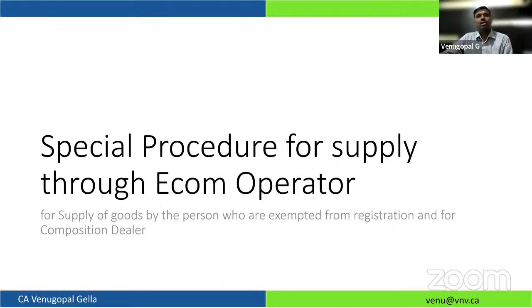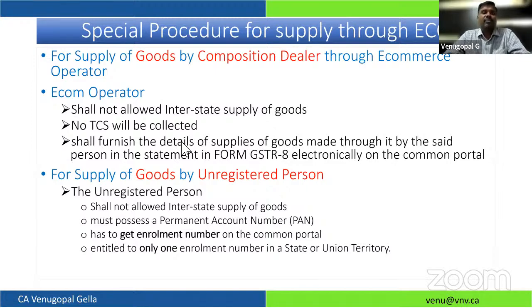Otherwise, section 24 was making it mandatory for everyone to register if they were making a supply through an e-commerce operator, so MSME small-scale business was not supported. In light of that, the council took a recommendation in the 48th council meeting and permitted this. Please note, this is only for goods.